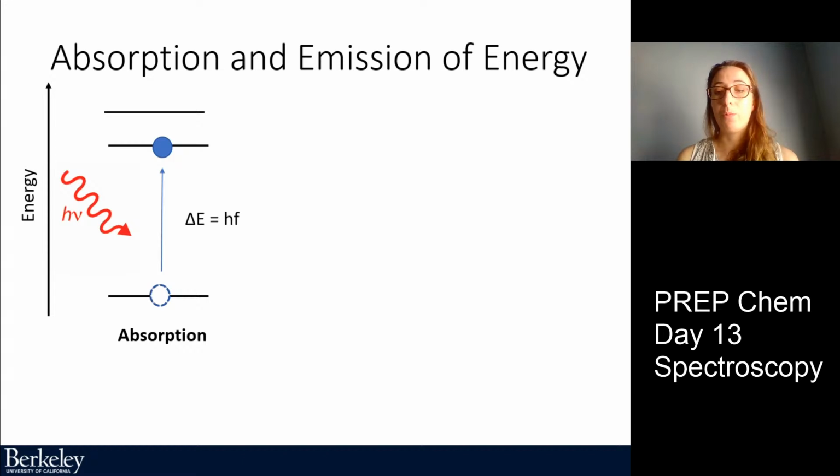And we know from what Planck discovered that this energy difference between these levels has to occur as a quantized value that's equal to Planck's constant times the frequency of light. I just wanted to note here that sometimes I have the mu's for frequency and sometimes I have the f's. This is just because last class we used f because velocity was in a lot of our equations, but here I kind of use both sometimes, but hopefully it's clear.